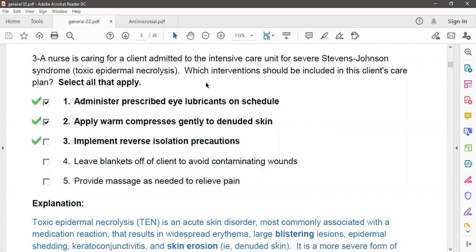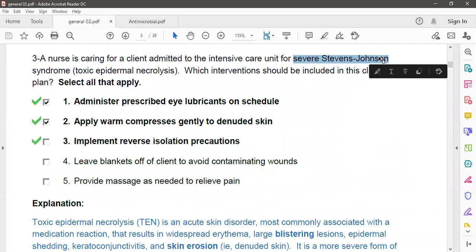Select all. But as I said, in this question we are just going to learn how to take care of a patient in the ICU who is diagnosed with Stevens-Johnson syndrome. Stevens-Johnson syndrome is a very uncommon, serious disorder of the skin and mucous membrane.